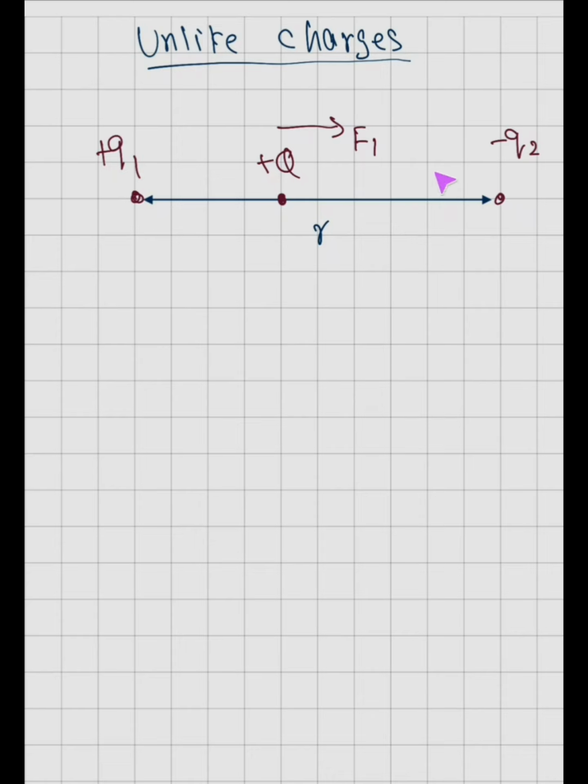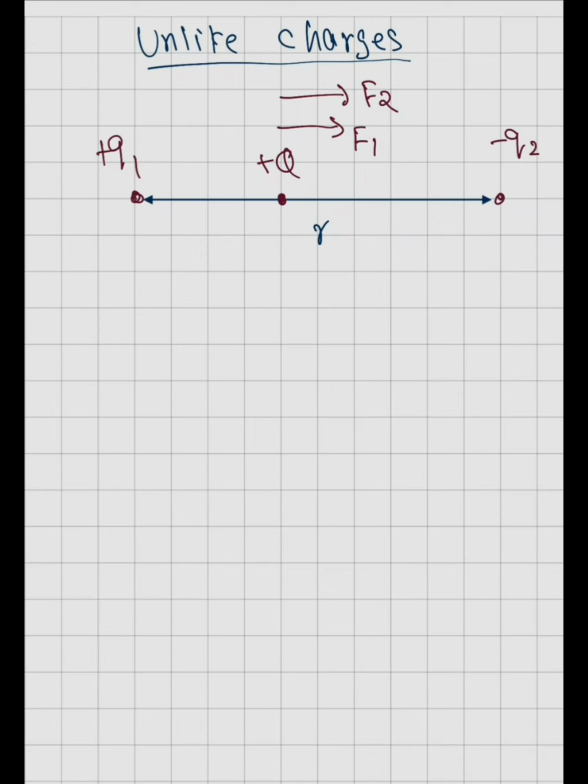The force exerted by minus q2 on plus Q is attractive in nature, and it will act along this direction; that is force F2. So here the two forces are in the same direction, so they will not get cancelled, they will add up. So in this situation, the null point will be formed outside the system. In the case of like charges, it is formed inside the system, between q1 and q2, but in the case of unlike charges, it will be formed outside the system.